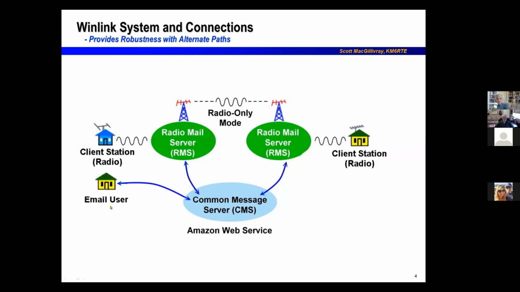It has email user, it's also your Winlink user, but the solid blue line indicates using the internet, and we've communicated with what's called the Common Message Server, the CMS. If you look at the dialog that shows up when you connect and start a session, it'll talk about CMS, and that's what that refers to.